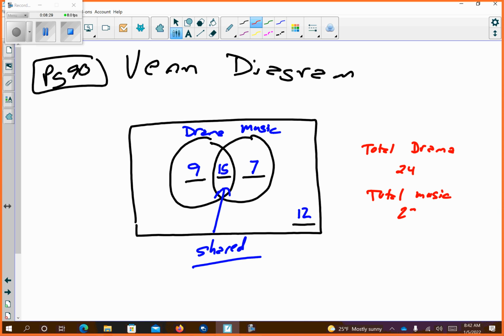Does that make sense? The overlap here are the ones taking both classes. So to know how many are taking drama, I add 9 and 15 to get 24. For music, 15 plus 7 gives me 22.